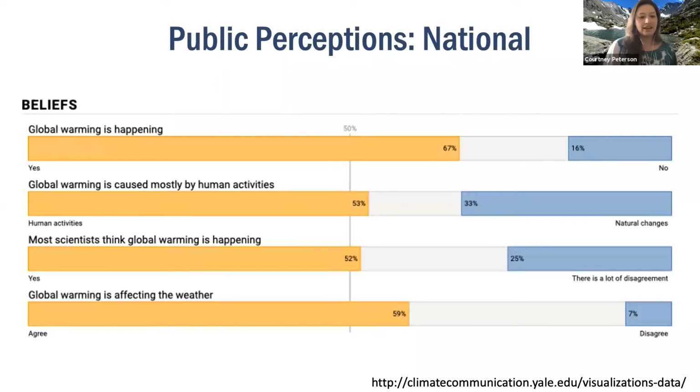And then there's also less than that, so right at that 50% line of people who think that scientists think that global warming is happening. And so there's a little bit of a disconnect in our communication in regards to people who think global warming is happening, but those who think that scientists and professionals and managers think that global warming is happening. And so that's showing that there's that communication gap.